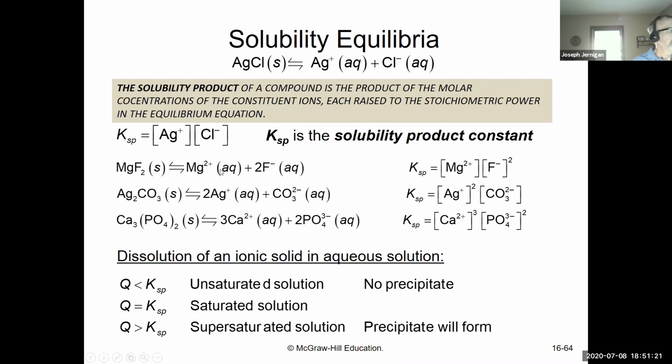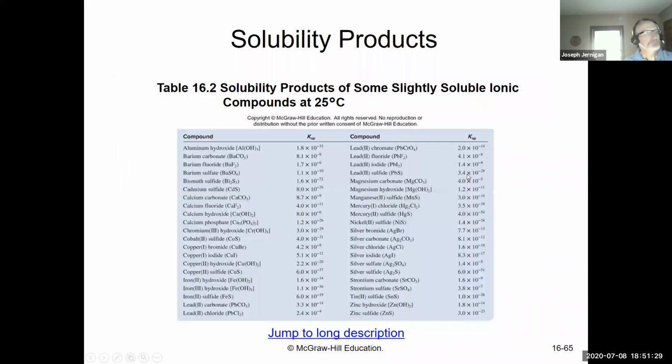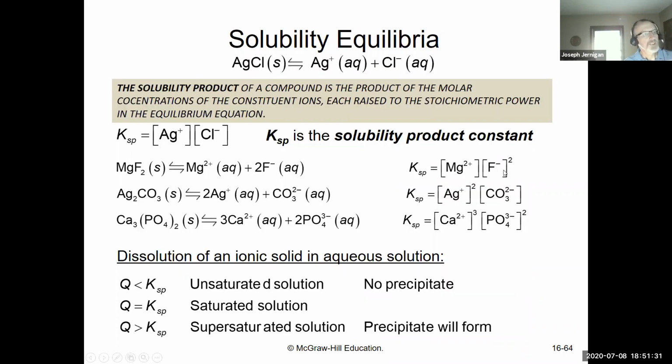Magnesium fluoride dissociates sparingly to magnesium and fluoride. KSP is equal to the concentration of magnesium times the concentration of fluoride, and that's squared. The reason it's squared is because of the stoichiometry of that reaction, right? When magnesium fluoride dissolves, it liberates 2 fluoride ions.